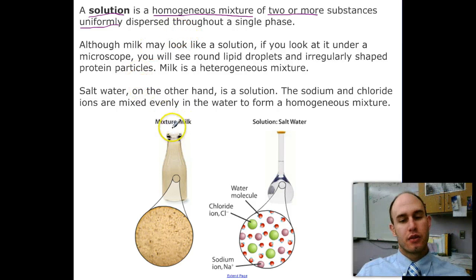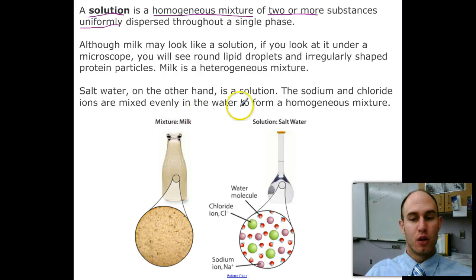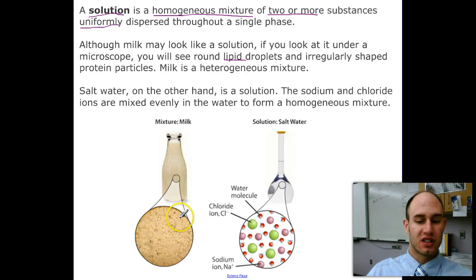So down here we're taking two examples, milk and salt water. Although milk may look like a solution, if we look at it really close, you can see lipid droplets in the milk. That is really fat inside the milk, and it's more suspended throughout the milk than dissolved.